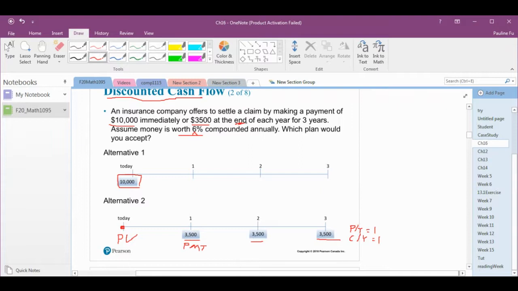Then N, term N, equal to 3, interest rate 6%, and then you compute PV. So that is the method. Okay.